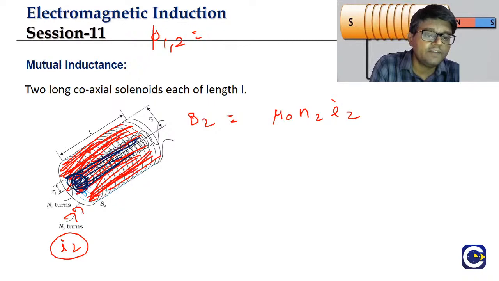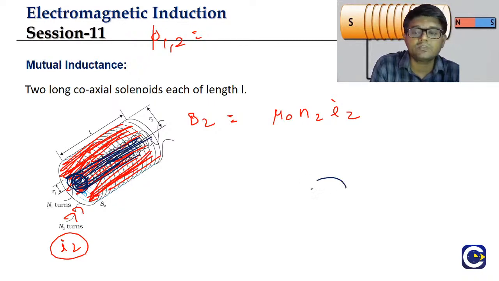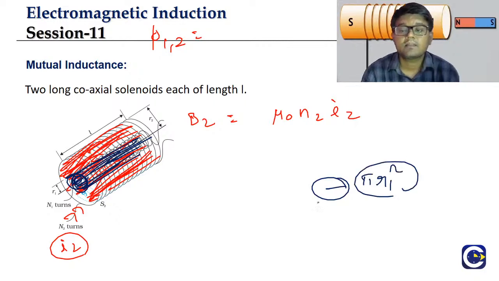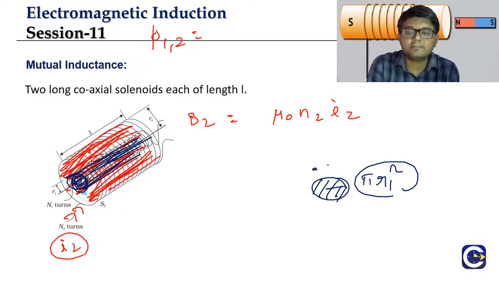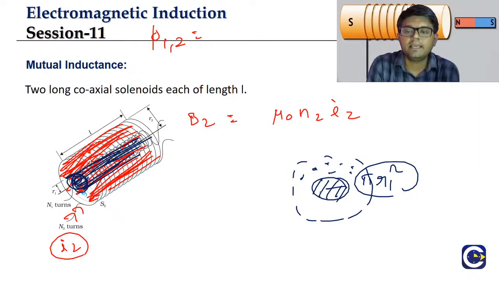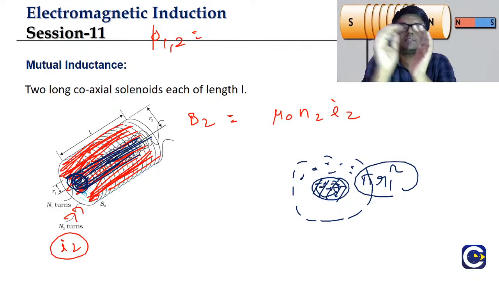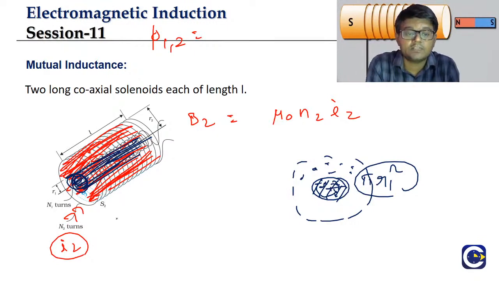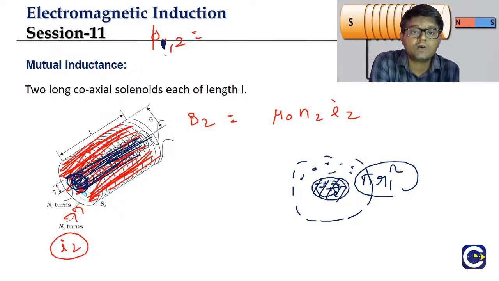Magnetic field is everywhere, but coil 1's area is only the small one, pi R1 square. Only this much area will be accounted for the flux. Field is up to the outer layer, but the flux will be accounted only for the area of cross section of the inner coil, because we are finding flux for coil 1.